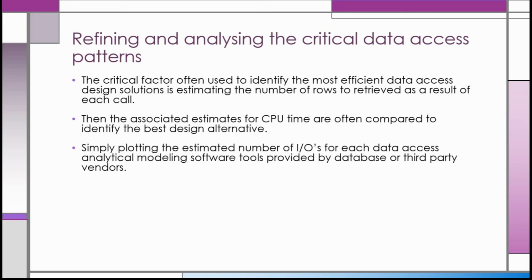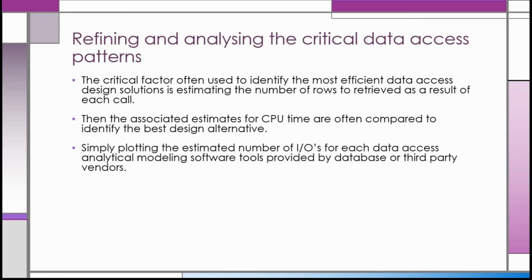So, simply plotting the estimated number of IOs for each data access, analytical modeling software tools are provided by database or third-party vendors. So we have to use some of these tools to estimate the number of IOs for each data access.